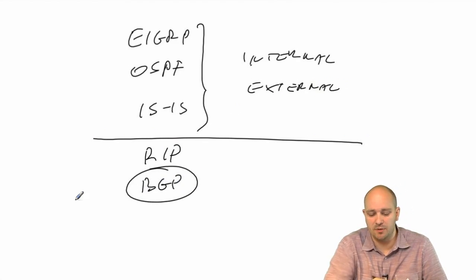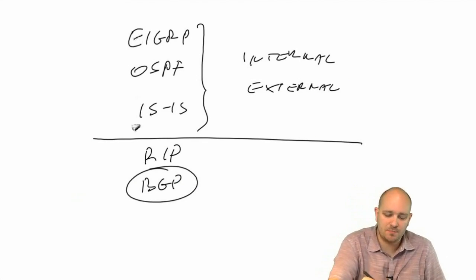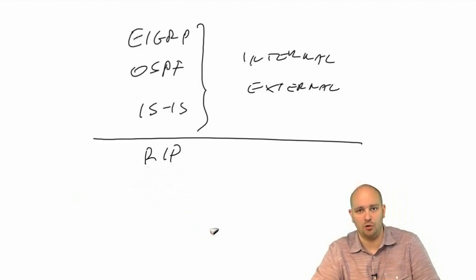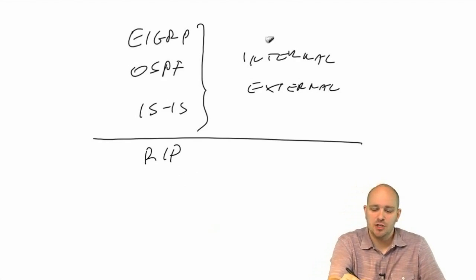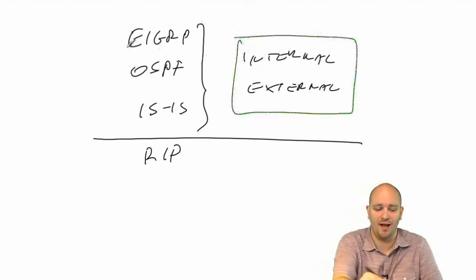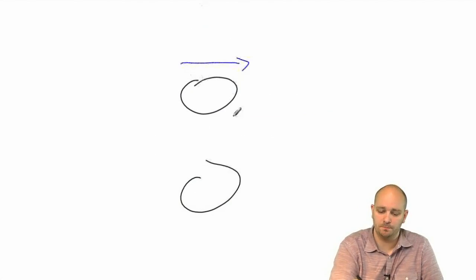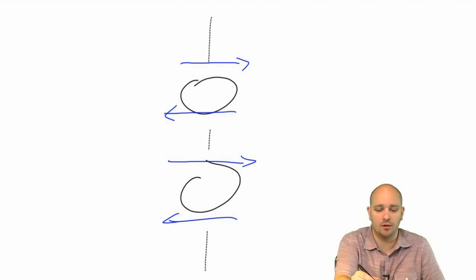It only makes a distinction between internally learned or externally learned routes, but BGP is a special case. Whenever we are talking about redistribution, we are never really concerned about BGP. We are only concerned about the internal gateway protocols, our IGPs. So if the routers are making the distinction between internal and external routes, when we have mutual redistribution at two locations between two protocols, we really have no danger in creating a loop.